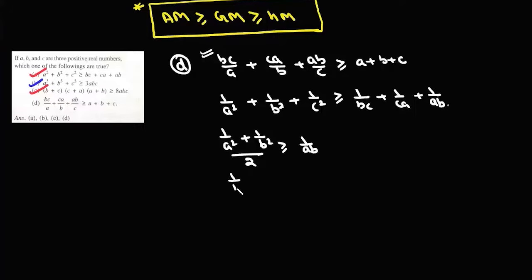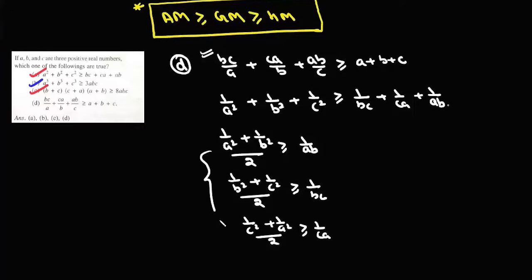In the same way, (1 upon b square plus 1 upon c square) by 2 is greater than or equal to 1 upon bc, and (1 upon c square plus 1 upon a square) by 2 is greater than or equal to 1 upon ca. Now if we add all these three, we'll get this result. That means this statement D is also correct. So the correct options are A, B, C, D.